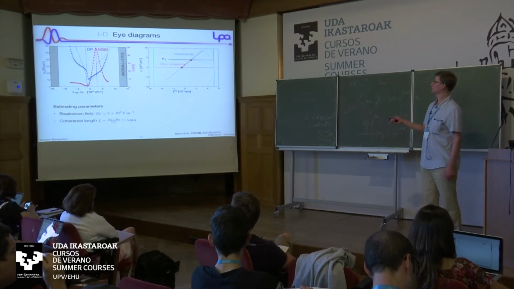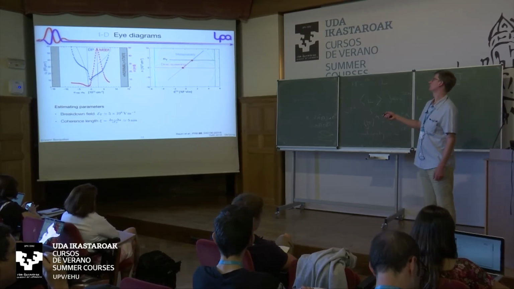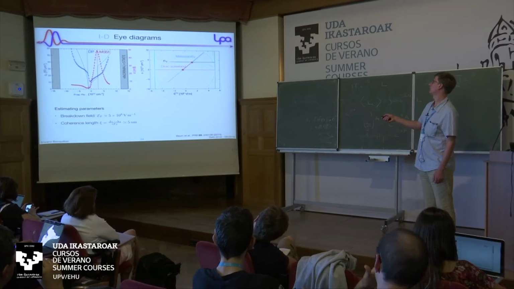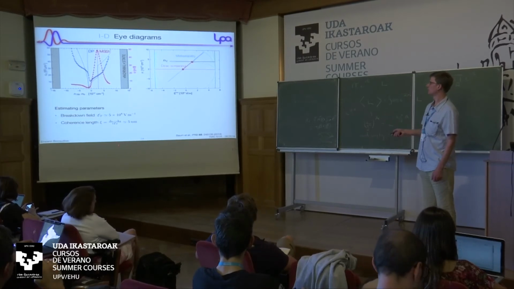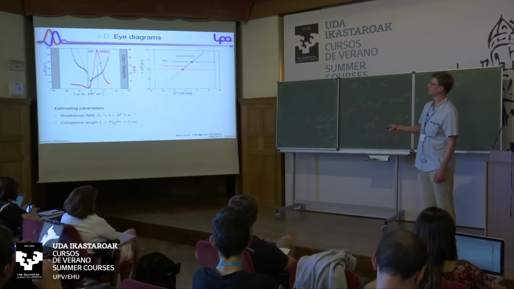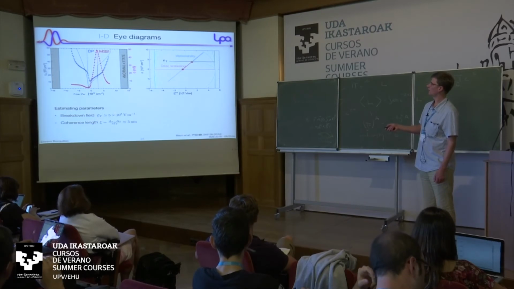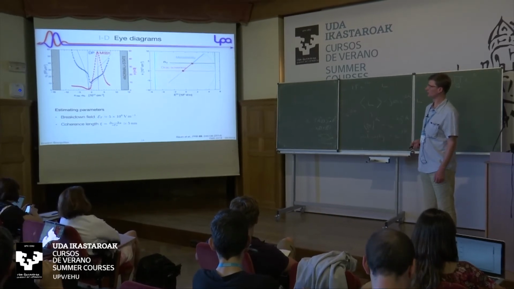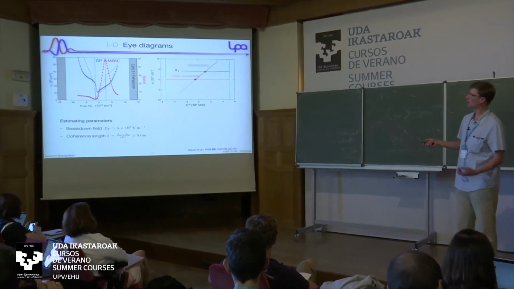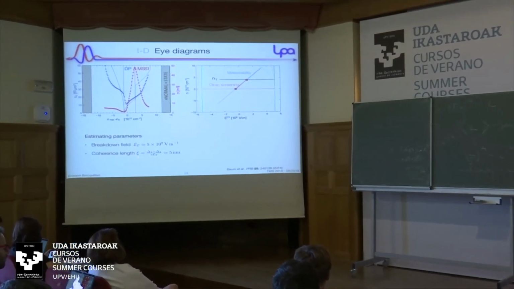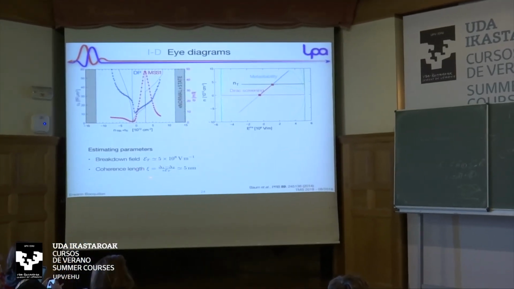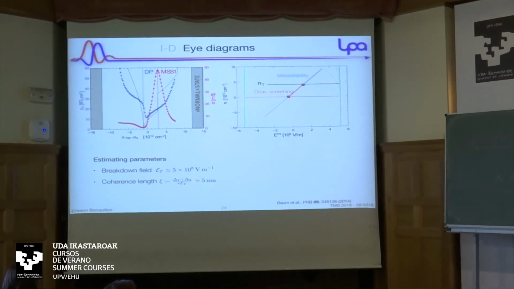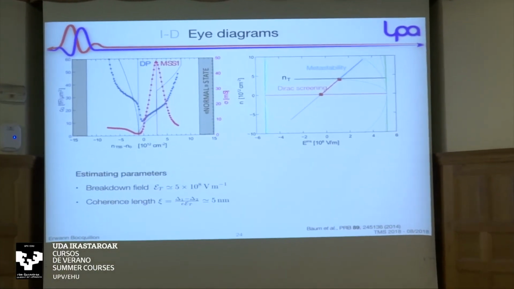And if you look at the numbers that you extract, you see that this is fairly close to the zero electric field response. This would correspond to a breakdown field of the order of 5×10⁸ volt per meter, and something that we understand as a coherence length of interface depth on the order of 5 nanometers.